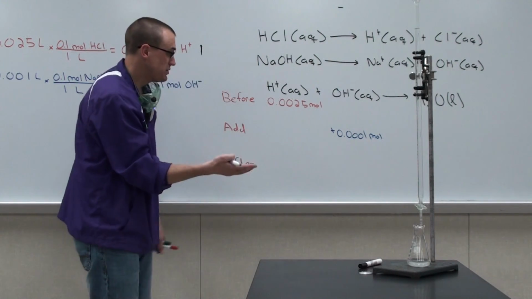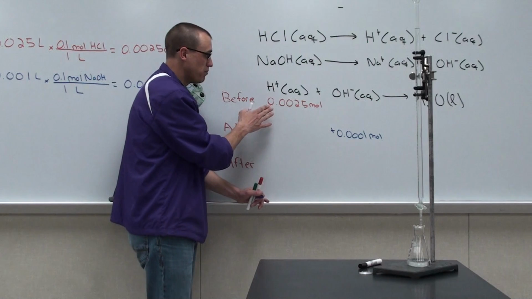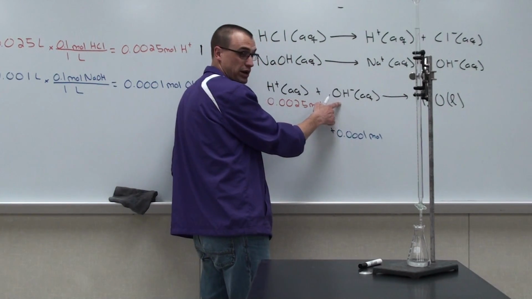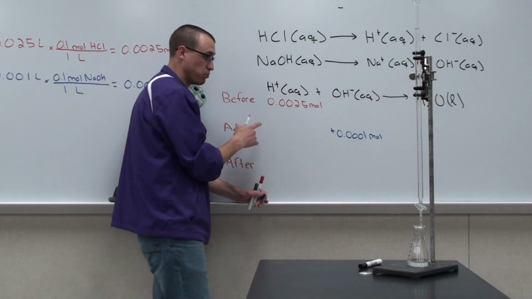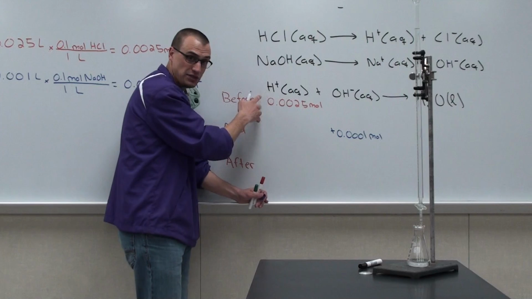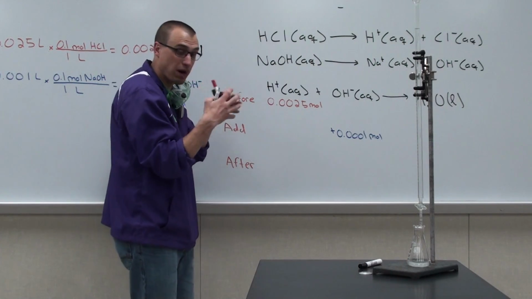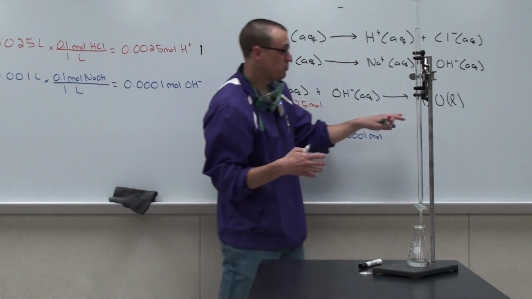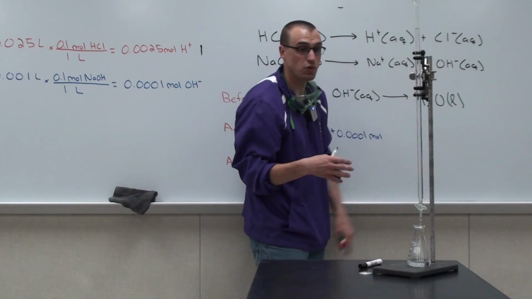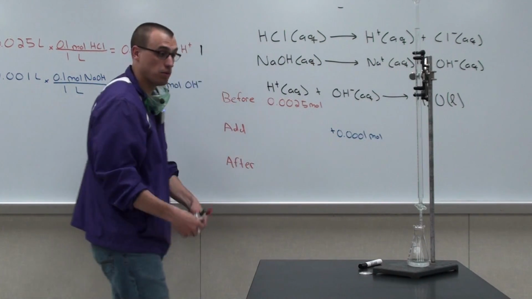So what happens is that 0.0001 moles of OH minus ions reacted with 0.0001 moles of H plus ions, and they combined together to produce 0.0001 moles of H2O.